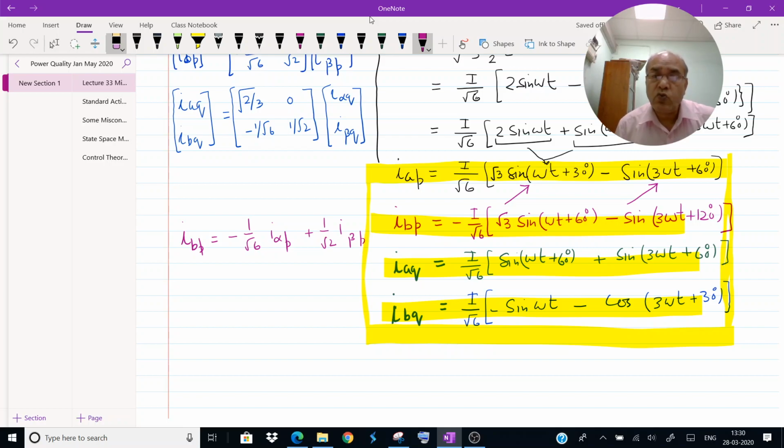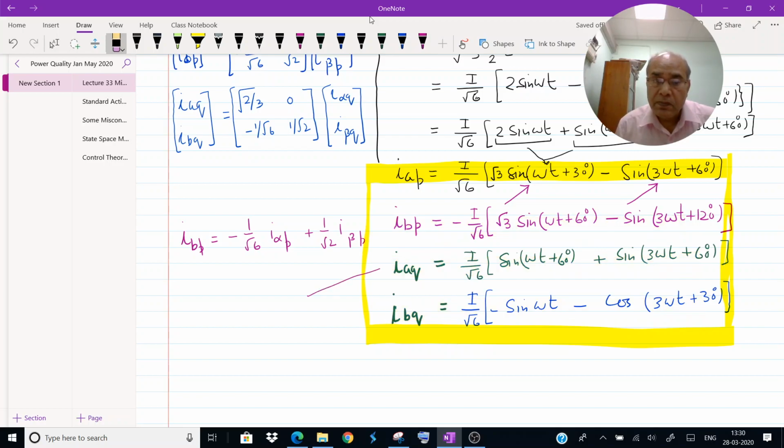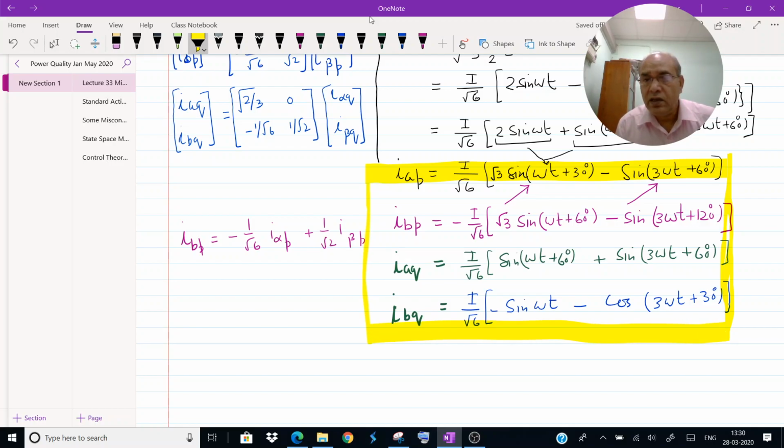So in the first place, why are there reactive values of the currents? There should not be any reactive element, but we have a reactive component of current. At the same time, we do not see that IAQ plus IBQ equals 0. That means there is a net flow of reactive component even from phase A and phase B.